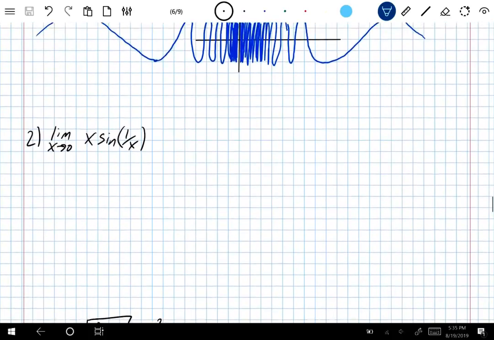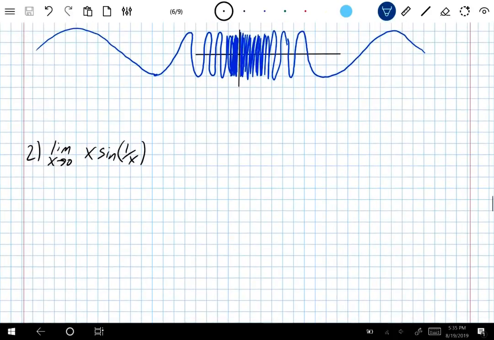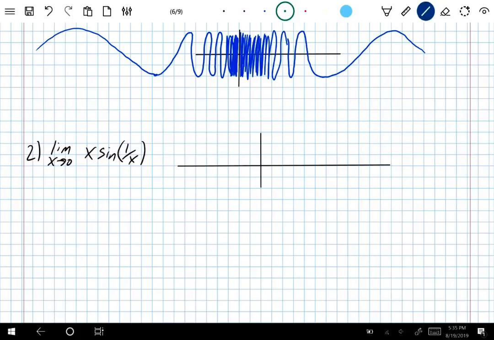And so I might try to do something like sine of 1 over x times x. And if I think of this x as like an amplitude, what it's doing is changing the height of this sine of x function. It's changing how much it alters by.